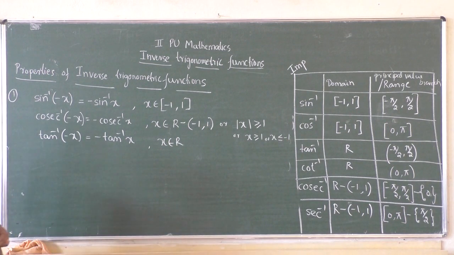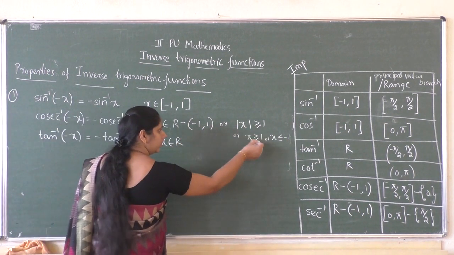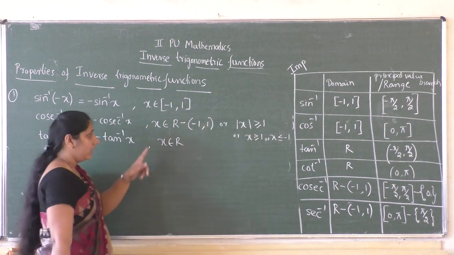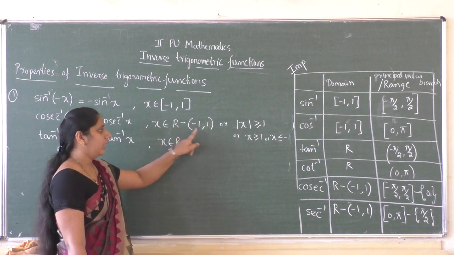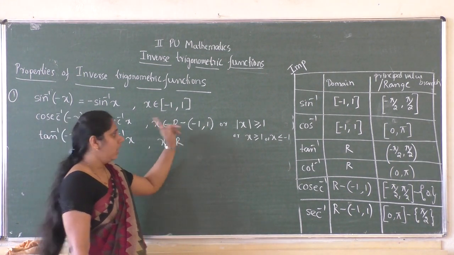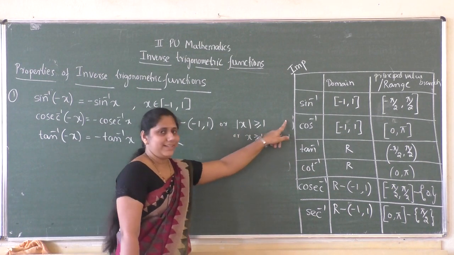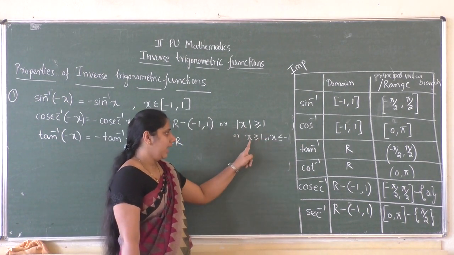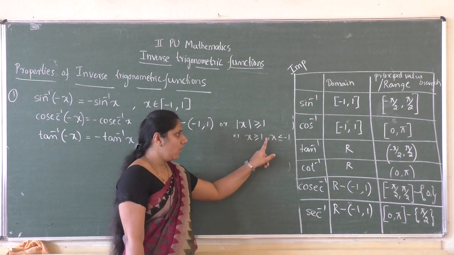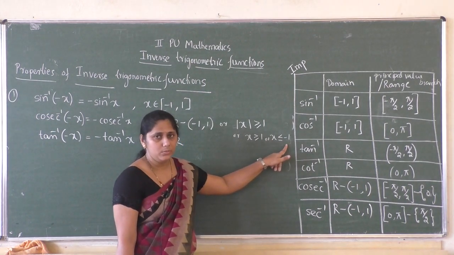So all the three are correct. Either you can write x belongs to R minus open interval -1 to 1, or mod x greater than or equal to 1, or x greater than or equal to 1, or x less than or equal to -1.